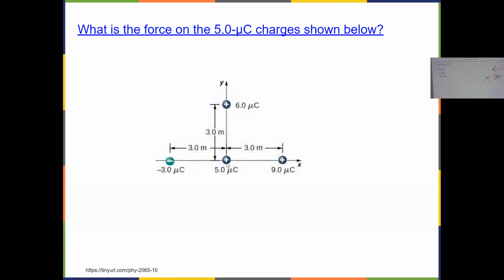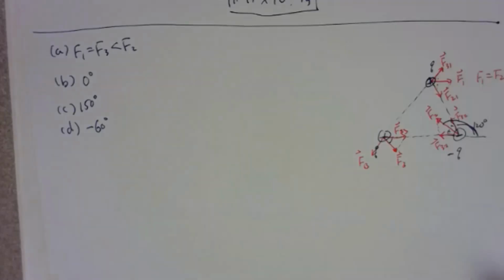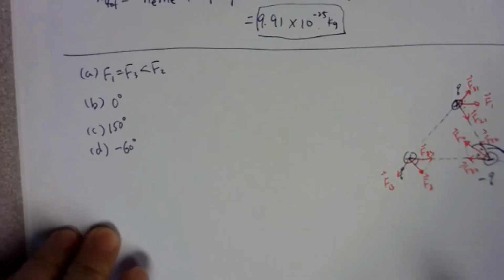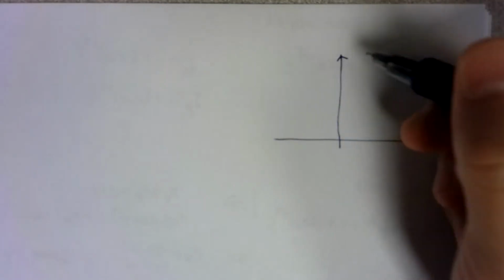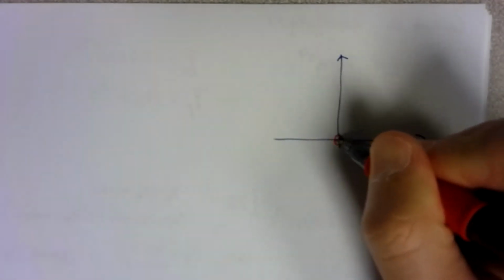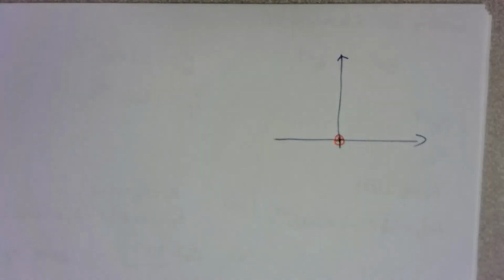So let's quickly take a look at the sketch here. X and Y. So the positive charge is at the center here, positive charge, on the origin.